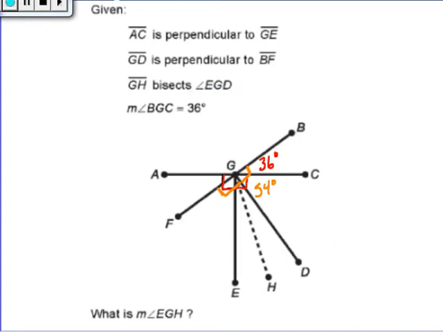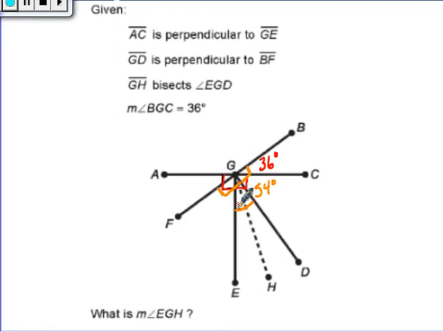GH bisects EGD. Not only do you have a right angle here, but this EGC, everybody see that, is also a right angle. So do you see that this part, and this is a pretty tough problem, if this is 54 here, how big will this whole angle be? Also 36. But you've got a bisector here, and to bisect means to cut perfectly in half.